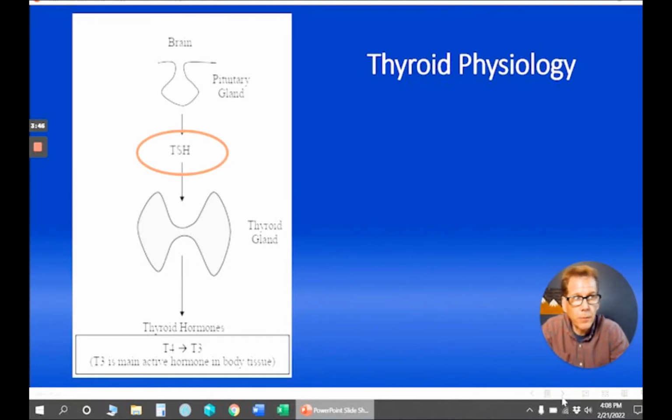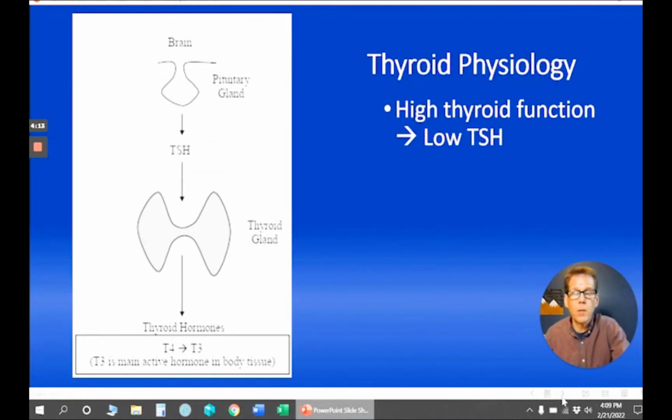So your pituitary gland can actually sense how much thyroid hormone is in your bloodstream, and it can regulate that TSH, trying to keep the levels appropriate. So it's kind of like how the thermostat and the furnace work in your house. If the pituitary gland senses that the thyroid levels are too high, that the T4 and T3 levels are too high, it will reduce that TSH, trying to tell your thyroid, hey, you don't need to make so much thyroid hormone.